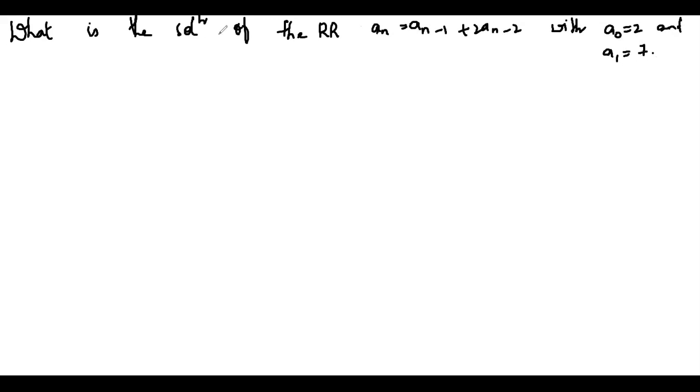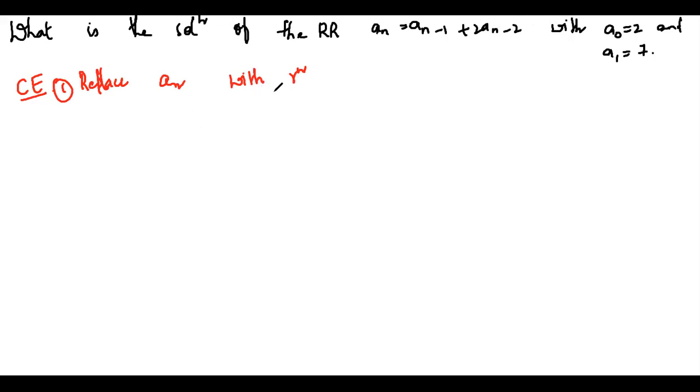So first and foremost, we have to convert this recurrence relation into what kind of equation? We have to convert it into a characteristic equation. To convert it into a characteristic equation, replace an with r power n, and subsequently a n minus 1 with r power n minus 1 and a n minus 2 with r power n minus 2.